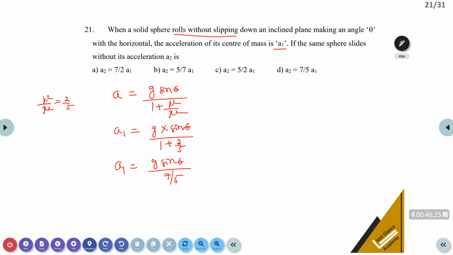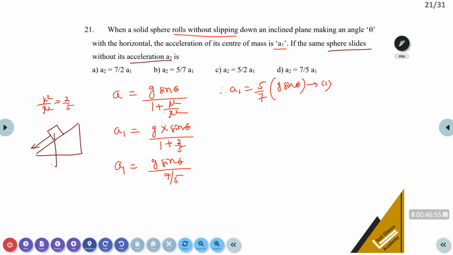Am I right? Therefore a1 equals 5 by 7 g sine theta. This is equation number 1. Now if the same sphere slides, the object will slide.